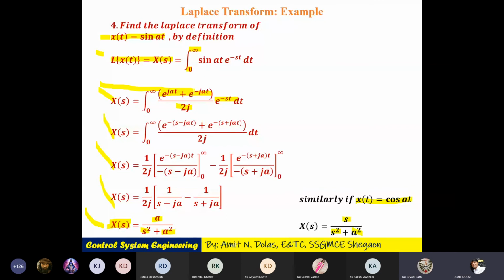Yes sir, there it should be e raised to power j80 minus e raised to power minus j80 by 2j. It's everywhere. Yes, of course. It must be minus. Sometimes while typing into the PPT, it happens. So it will be again minus here.